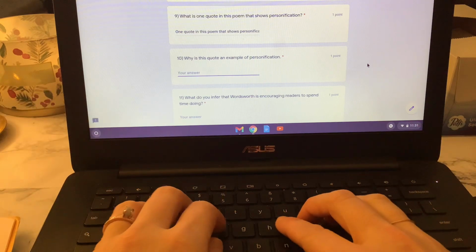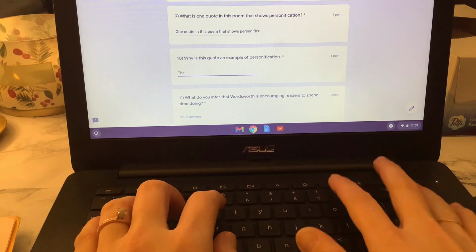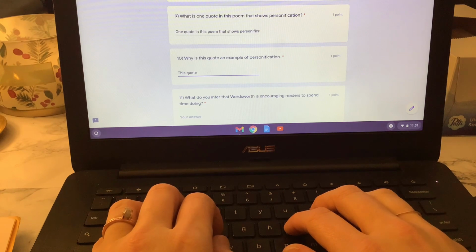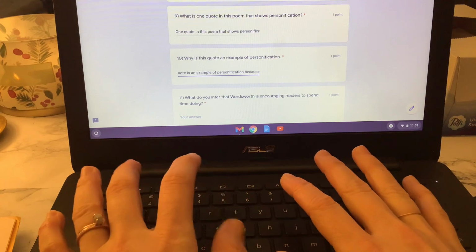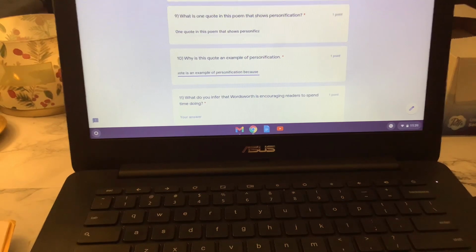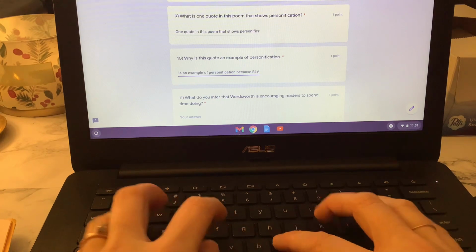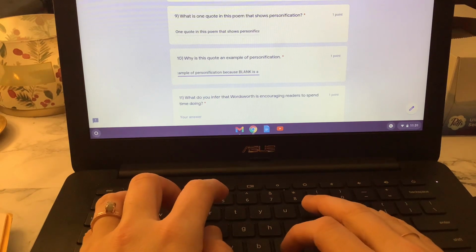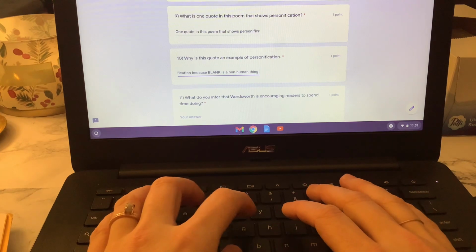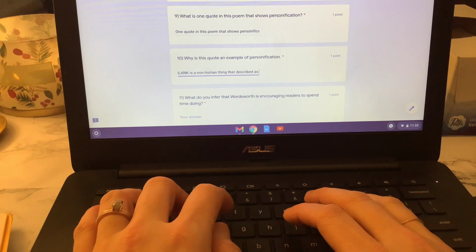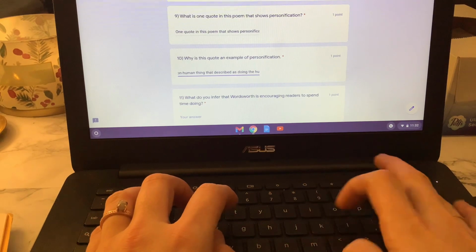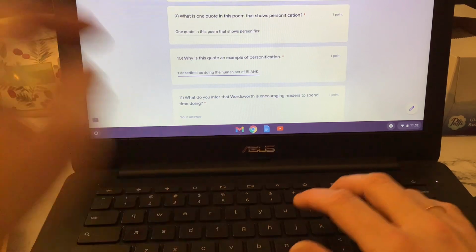So 10 says, why is this quote an example of personification? So of course we want to start by restating the question. This quote is an example of personification because, now, think about the definition. You're going to kind of have to fill in the blanks. I'm going to type blank because I don't want to give it to you, but because blank is a non-human thing that is described as doing the human act of blank.